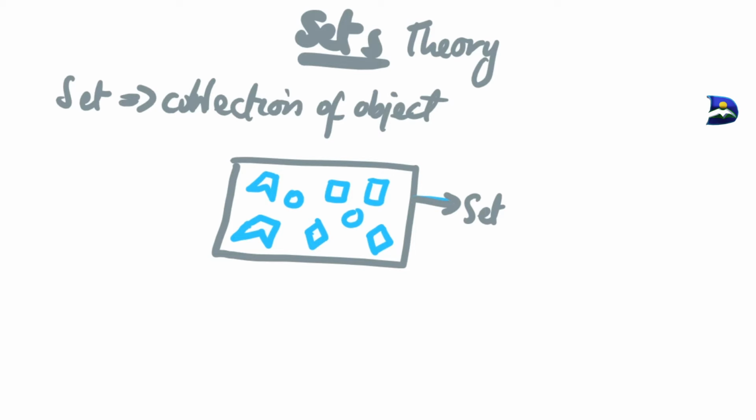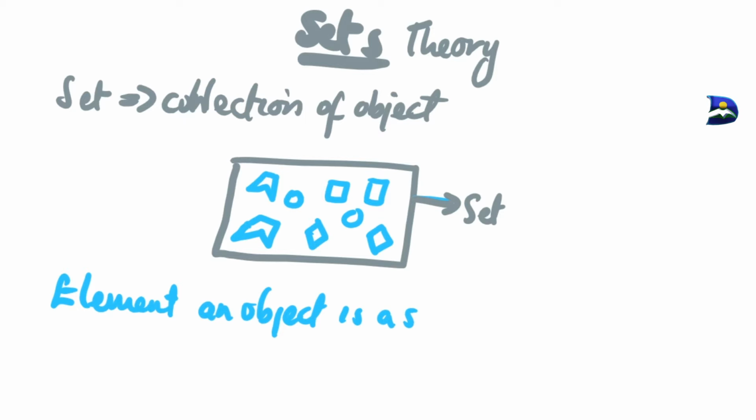Now, on the other hand, we have a particular component that is needed for a set, and this component is called the element. An element is considered to be an object that is in a set.